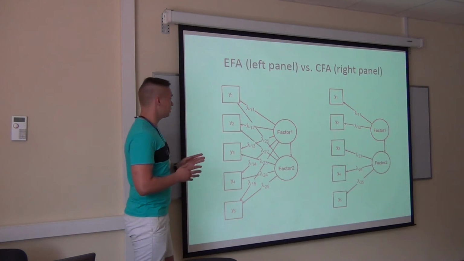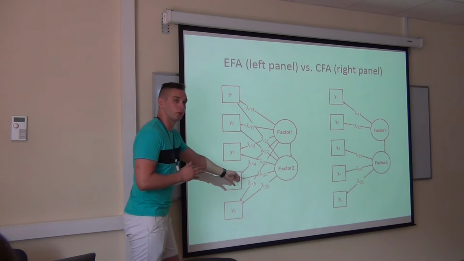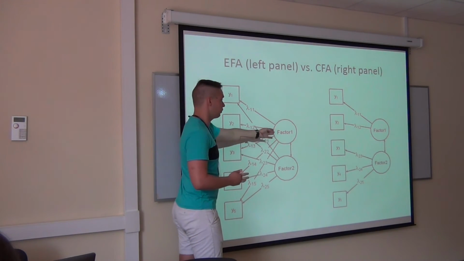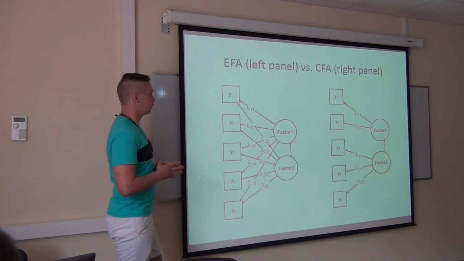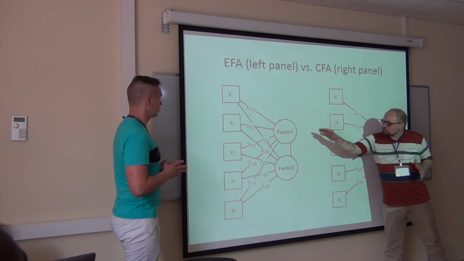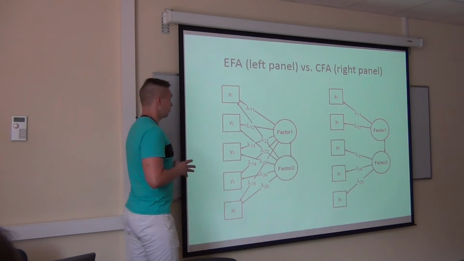So the sum of squares of all these factor loadings will give us an eigenvalue for the factor 1. So when we calculate eigenvalue, we concentrate on factor rather than on the indicator. Yes. Thank you.